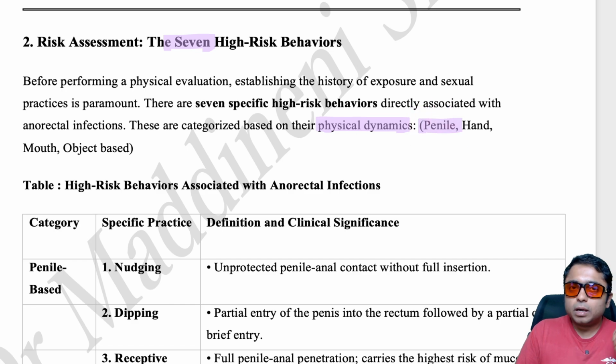They could be penile, hand, mouth, and objects, that is, sex toys. These are all the possible structures or media which could gain entry and transmit the infection from one person to another.